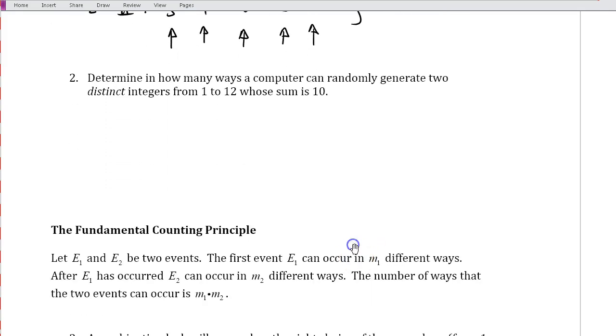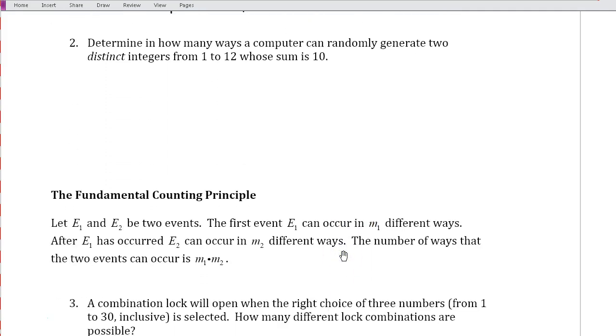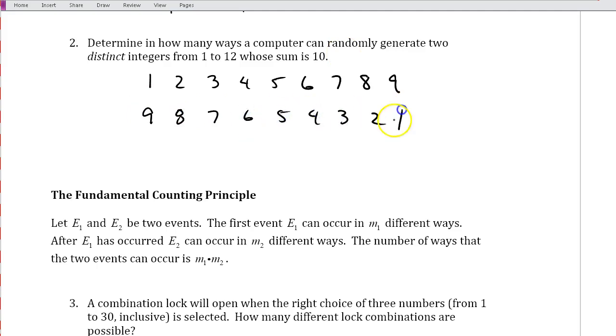Alright, let's move on to example 2. Determine in how many ways a computer can randomly generate two distinct integers from 1 to 12 whose sum is 10. So now we're going to look at the numbers from 1 to 9, because anything larger than 9 would give us a sum larger than 10. Let's write these in the reverse order: 3, 2, and 1.